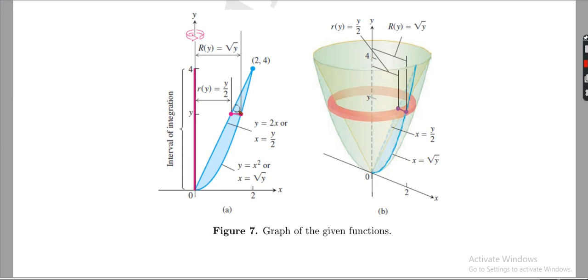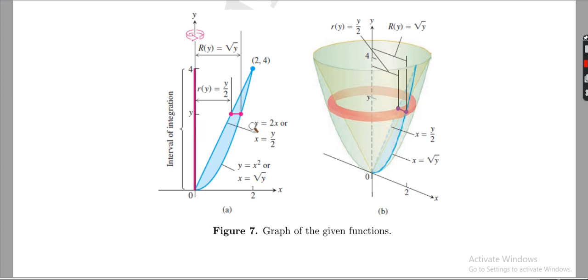Okay, so we already have the inner radius and the outer radius for the cross-sectional area ng ating washer.